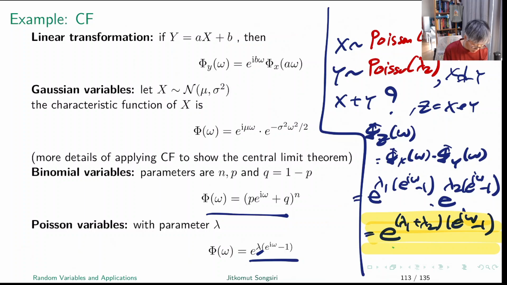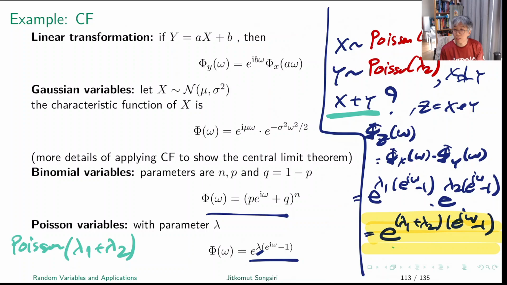So the sum of two independent Poisson variables is another Poisson with a new rate, and the rate is the sum of the two rates.